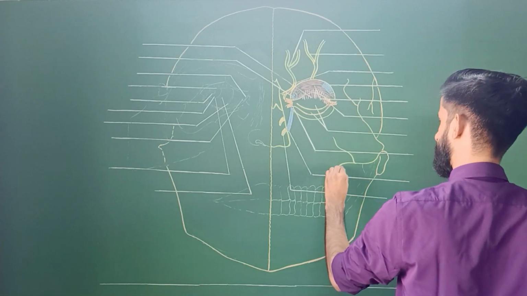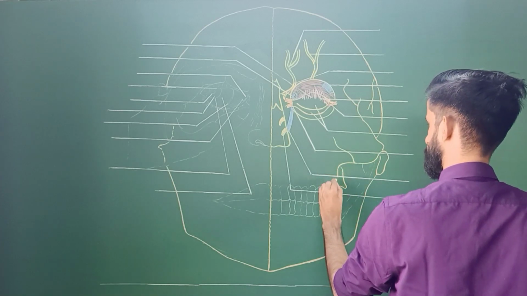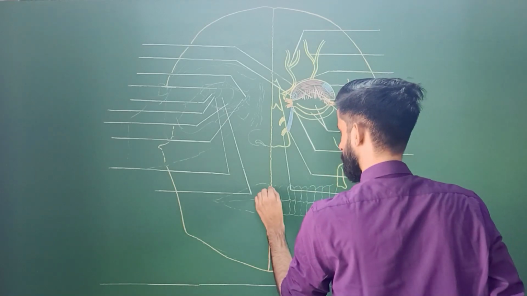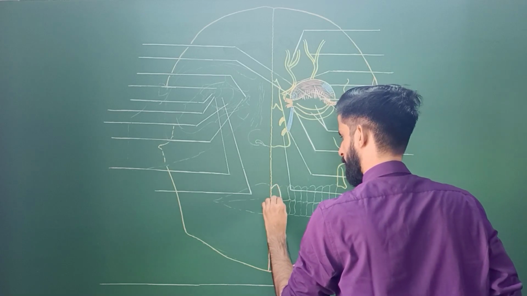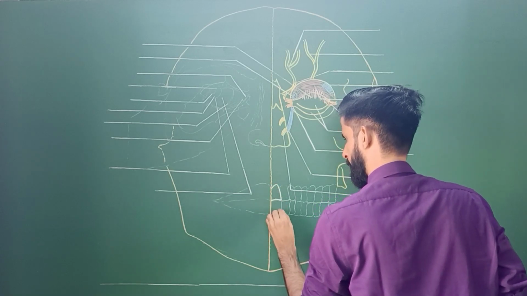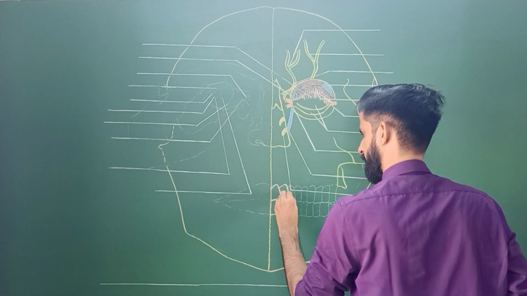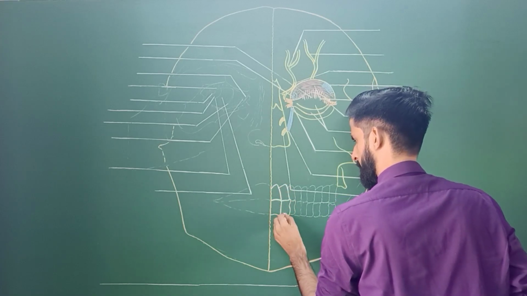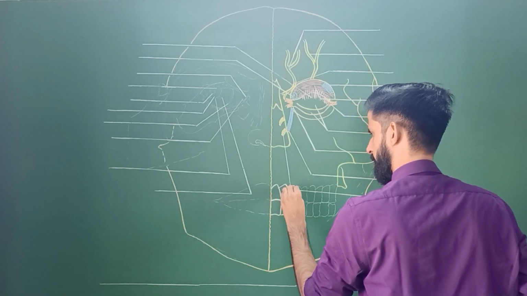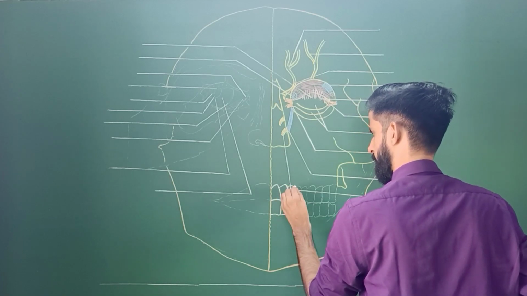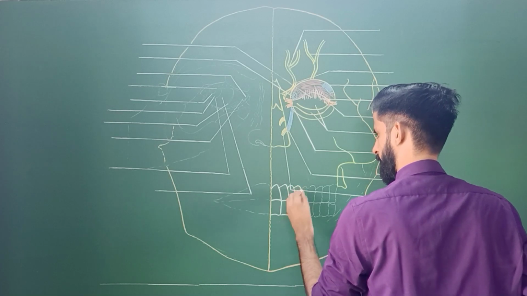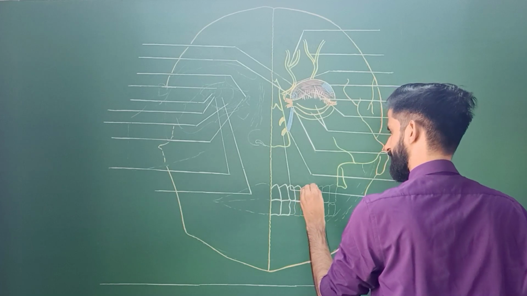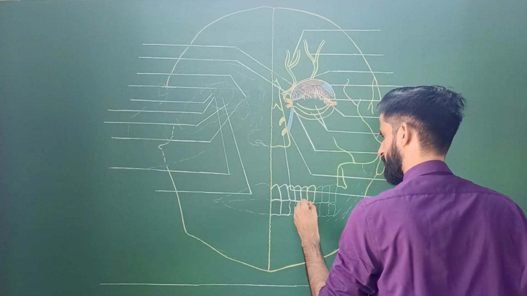Let us draw the dentition and the jaw. Now let us consider the dentition. So these are the teeth which we are drawing one beside another.